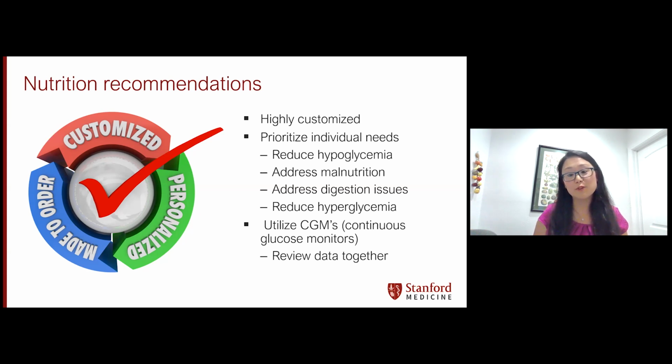This can really be something that we want to think about assessing. I always ask about bowel movements and what they're like. Are they floating, greasy, extra foul smelling? So we want to really get that full picture of somebody. Also, has there been sudden weight loss? That's something else that we really want to assess and think about.